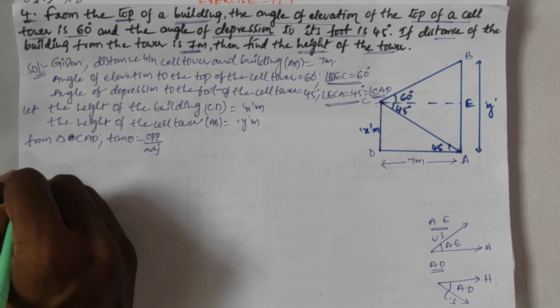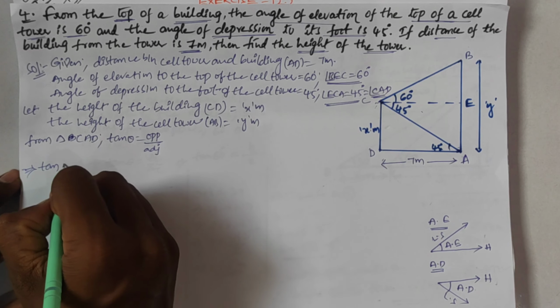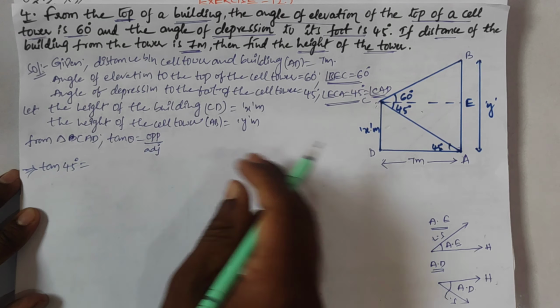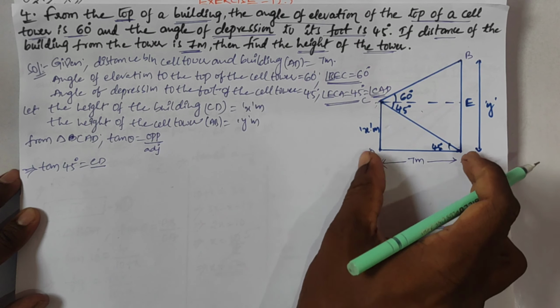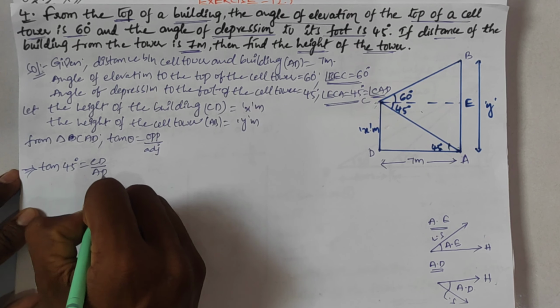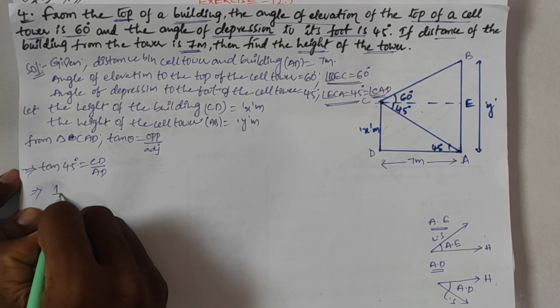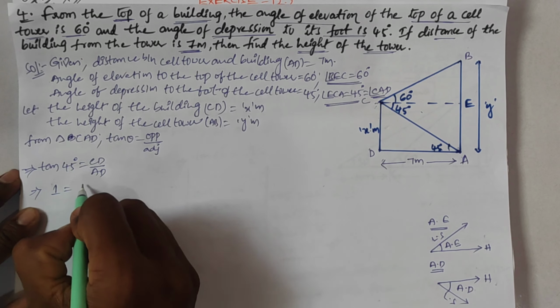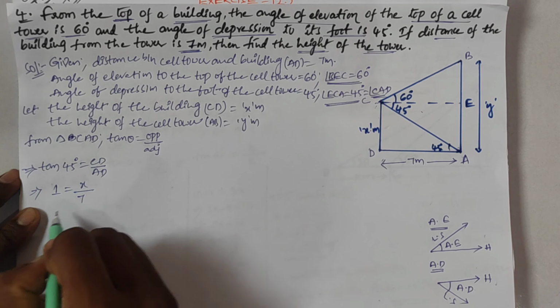So this implies tan 45 degrees is equal to the opposite, CD, by the adjacent, AD. Clear? We know tan 45 value is 1, equal to CD, where CD value is X, nothing but the height of the building, and AD is the distance, 7 meters.